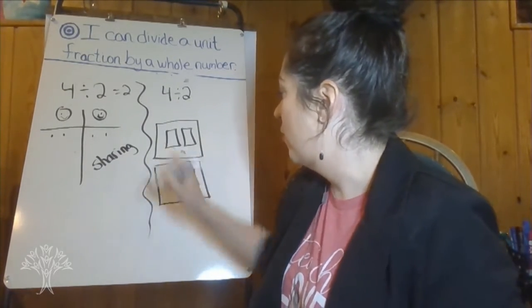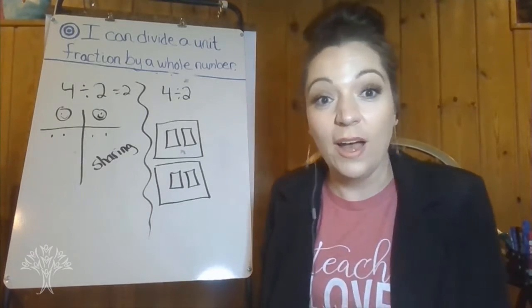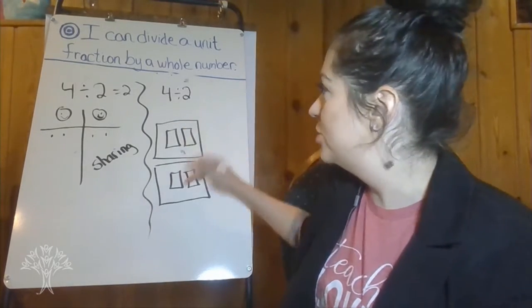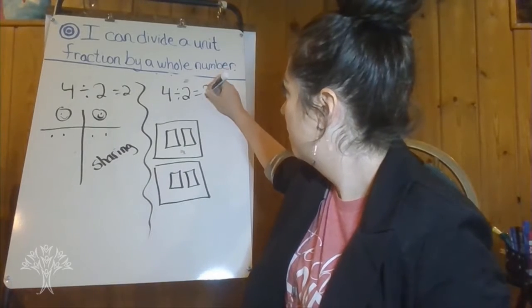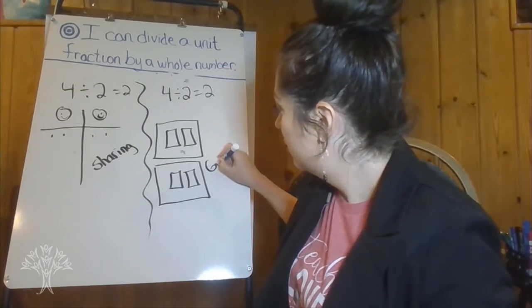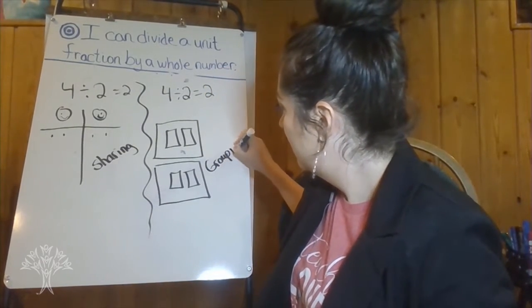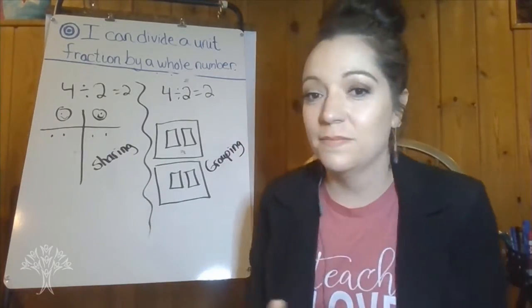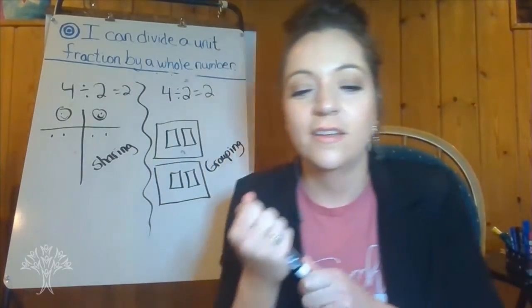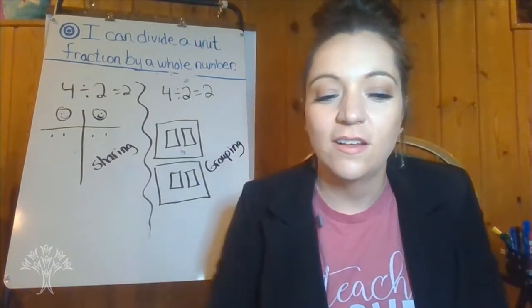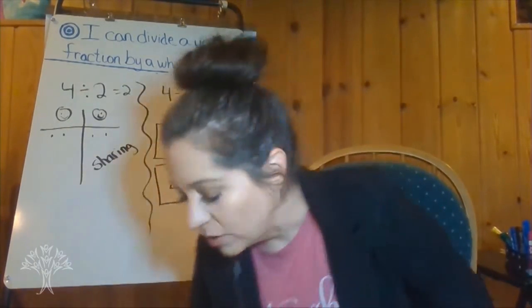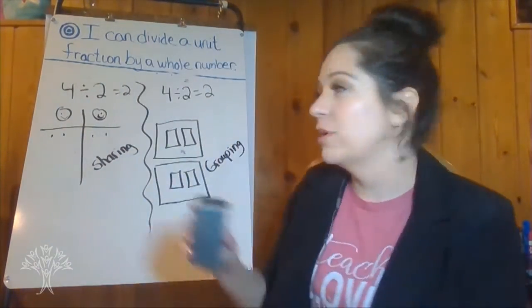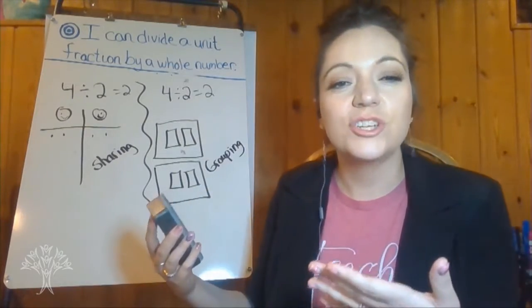Look, I've used up all 4. This time I'm going to count how many walls, how many groups. 1, 2. So this is the grouping division. How'd you do? All right, nice job. So I'm going to erase and write up a new expression, and I just want you to read the expression out loud.